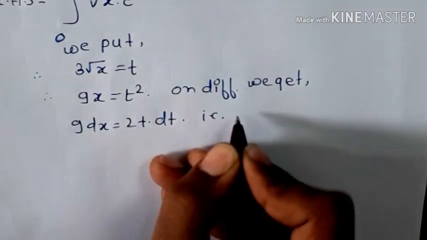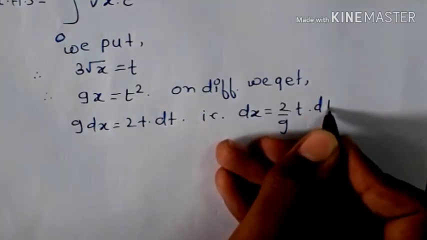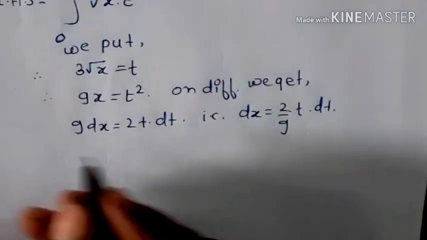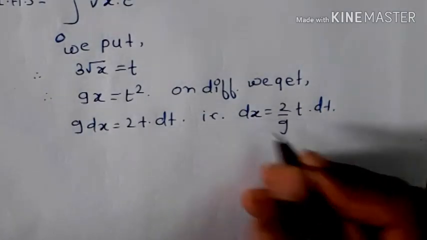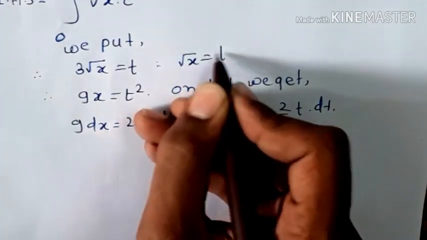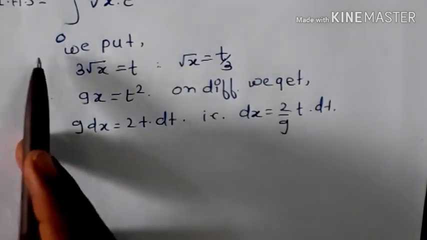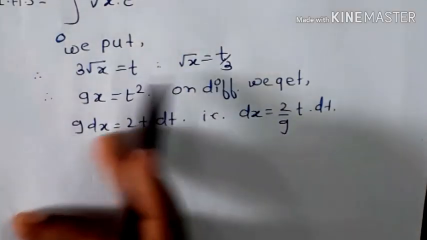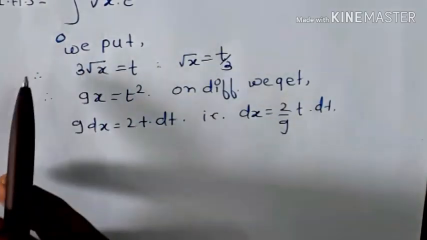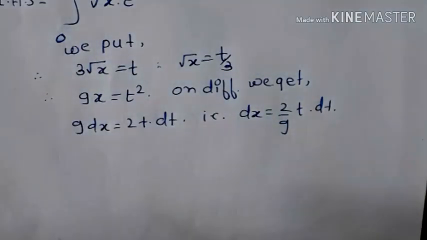That is nothing but dx equal to 2 by 9 t into dt. And here also root x equals t by 3. Now we see that when x is equal to 0, t is also equal to 0. When x is infinity, t is also infinity. So there is no change in the limits.